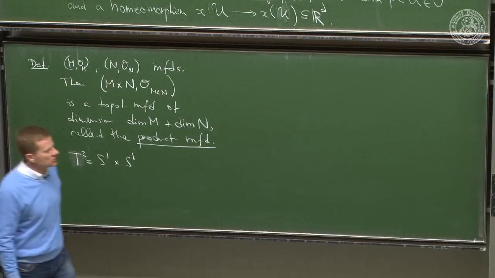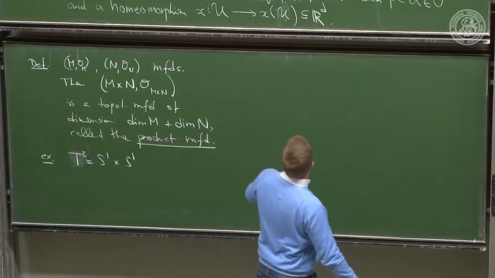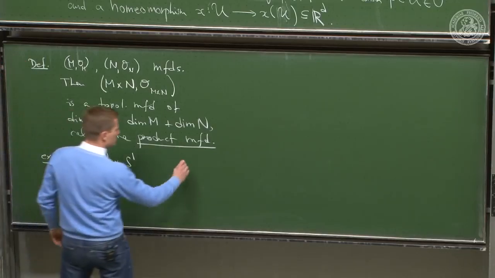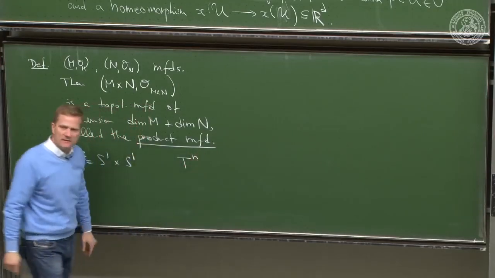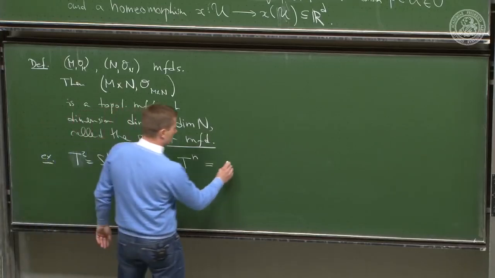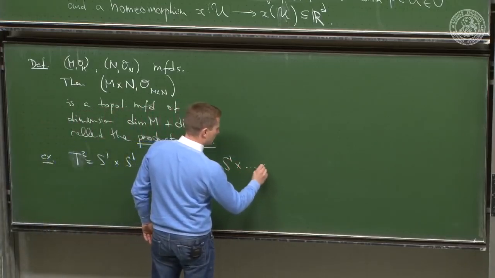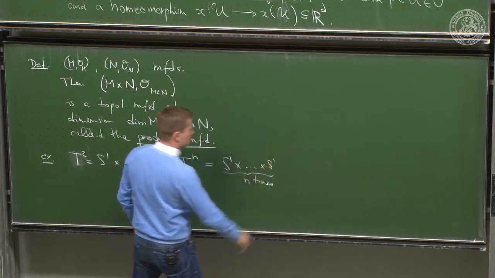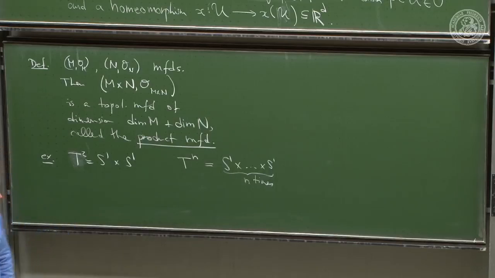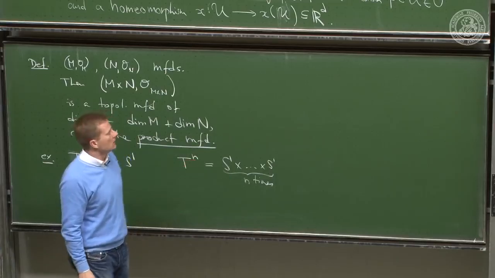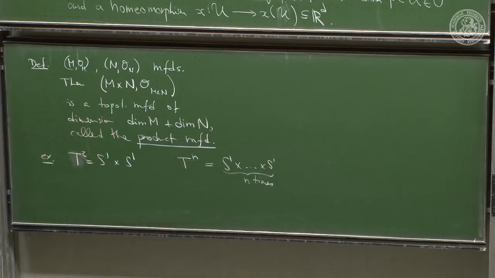So you don't need to check every time, even if it's pretty obvious. I mean, you look at T2 and you say, yeah, it is a topological manifold. But if I had asked you to look at Tn, the n-torus, it's not so easy to imagine, but you just need to know the definition. The n-torus is just n copies of the circle put together in a Cartesian product, and so that immediately gives you an n-dimensional topological manifold.